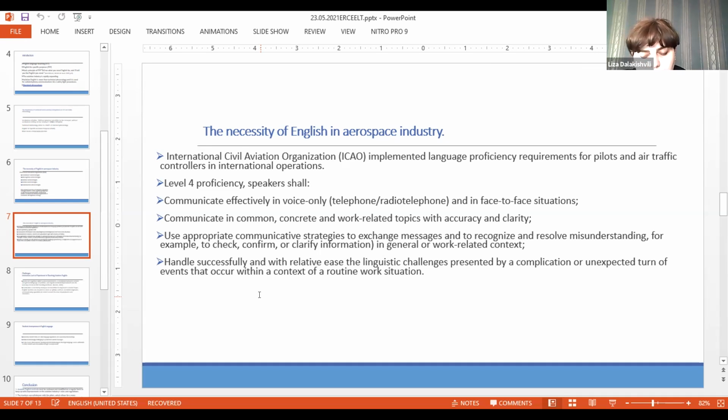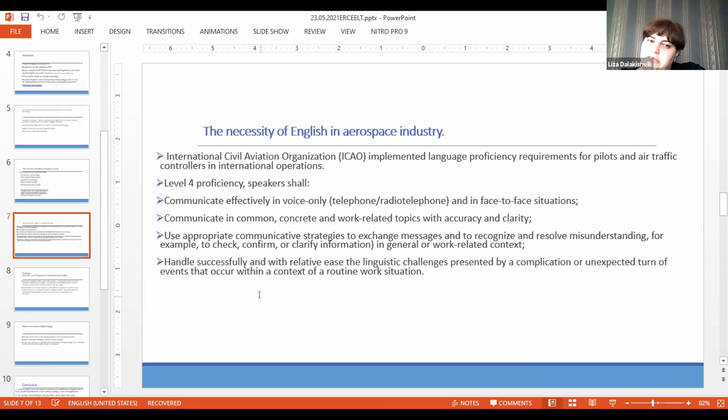Also, there is level 5. The difference between them is the duration. For level 4, a pilot or controller needs to renew the license every 3 years, and for level 5, it should be renewed after 5 years.